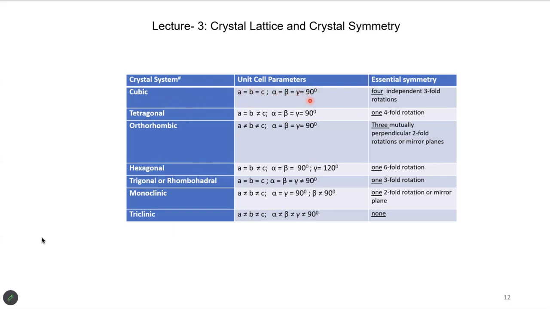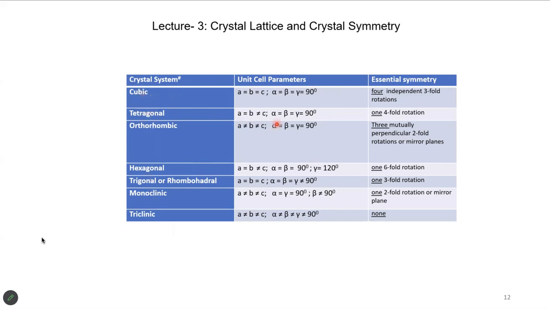It must have 4 independent 3-fold rotations. If we do not have 4 independent 3-fold rotations, even if we get these cell parameters, we cannot call it a cubic crystal system. So unit cell parameters plus essential symmetry are the prime indicator to define the 7 crystal systems.